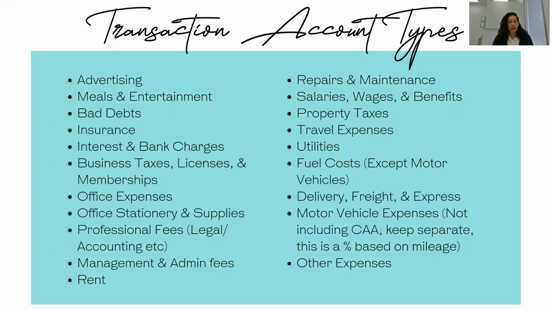Business taxes and licenses, so that's like your business license and any taxes you had to pay out for your business. Office expenses is a pretty big one. It's kind of like a catch-all. Anything you need for the office would go under office expenses. And then your office supplies, so that is your pens and paper, things like that.